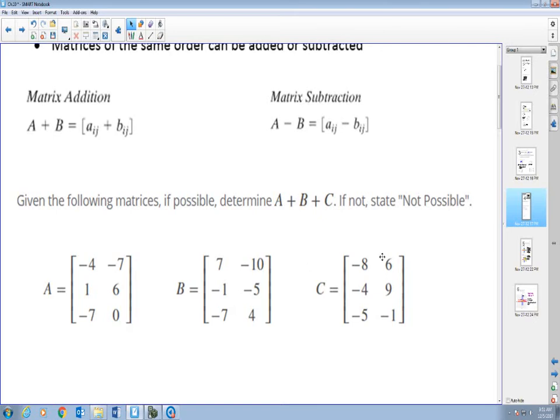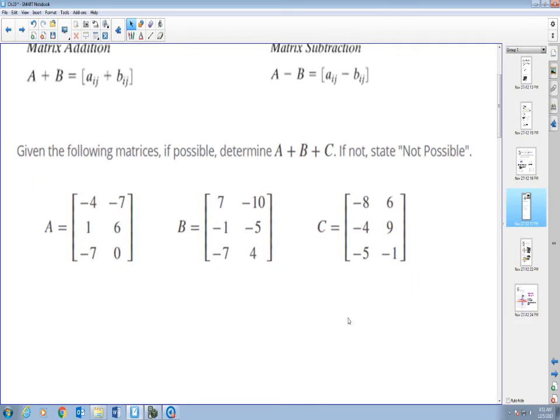I'm going to put this in the calculator in a minute, but this example wants me to find A plus B plus C. When we add and subtract, we go by the entries. If I take matrix A's 1-1 entry, add it to matrix B's 1-1 entry, -4 plus 7 will be 3.